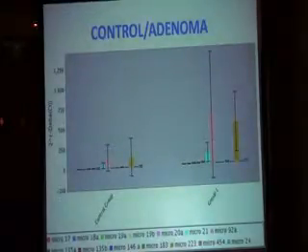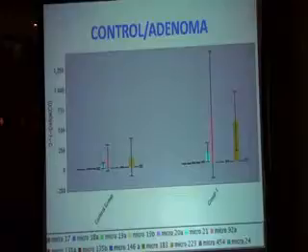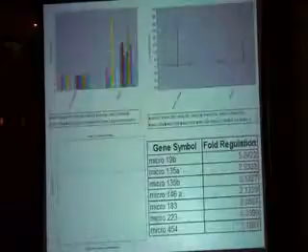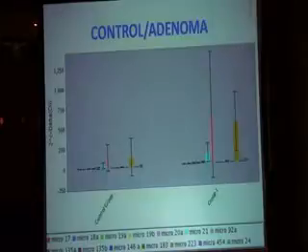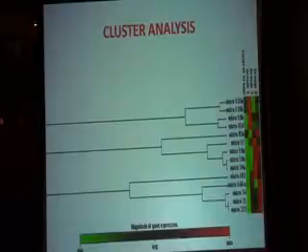So we have work on colorectal cancer. We assessed microRNAs in adenoma, normal, inflammatory bowel disease, and colorectal carcinoma. And again, we can see that there is differential expression of the microRNAs between the groups. So we can see group 1, group 2, and group 3.